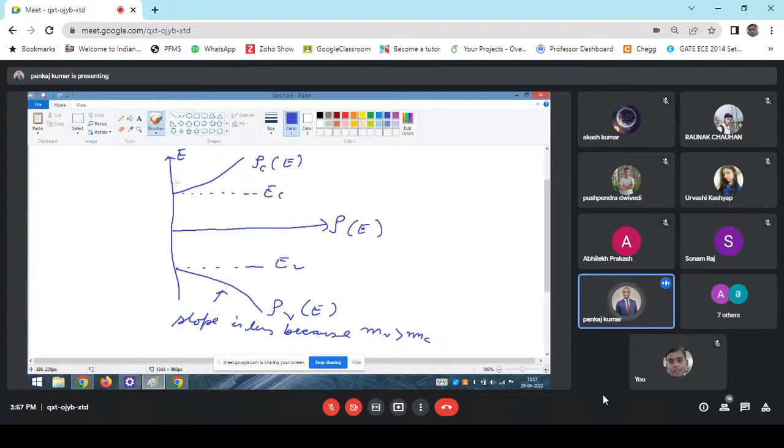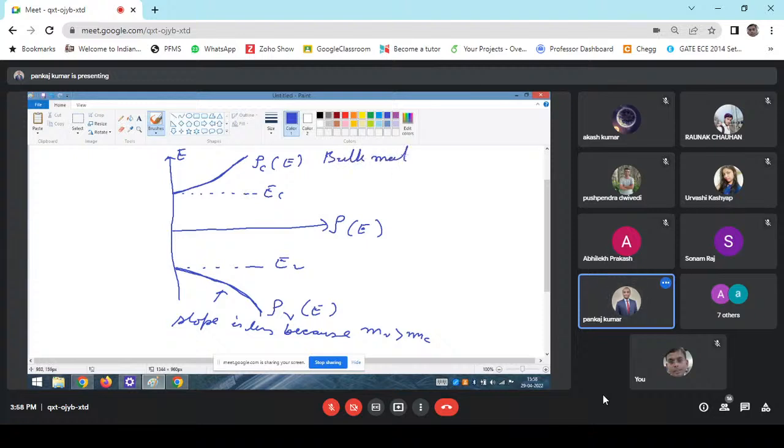So what we see here is that the density of states is a continuous function, right? Because k is a vector, kx, ky, kz, and in all three directions k can have its values. But now, before we move to quantum well structures, this is for a bulk material.